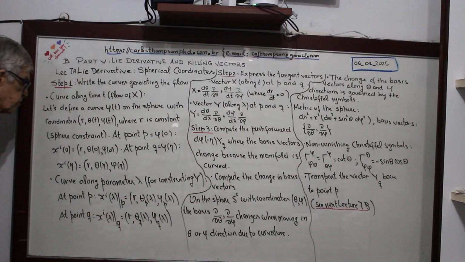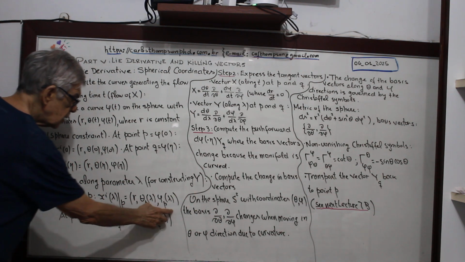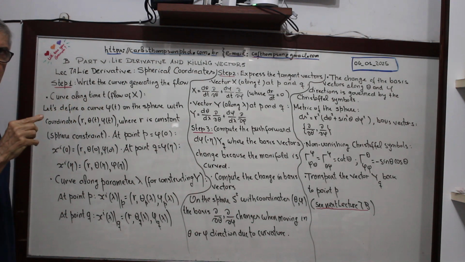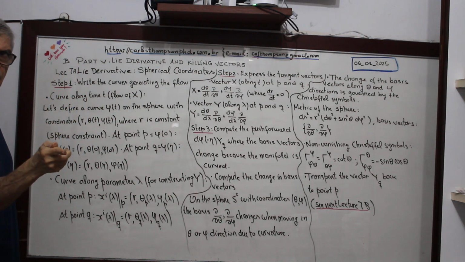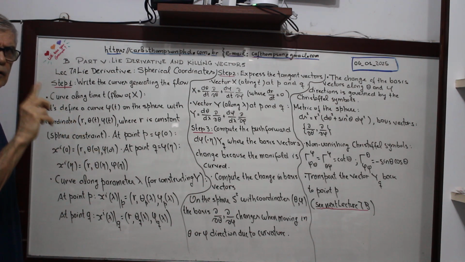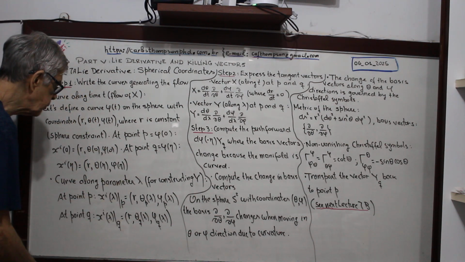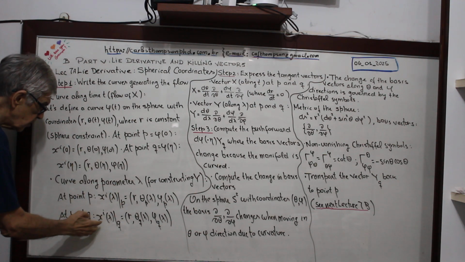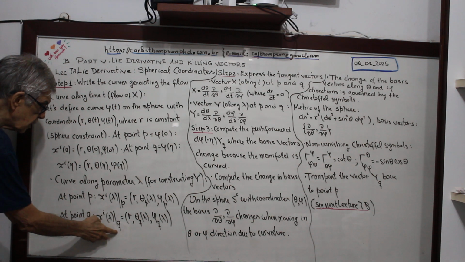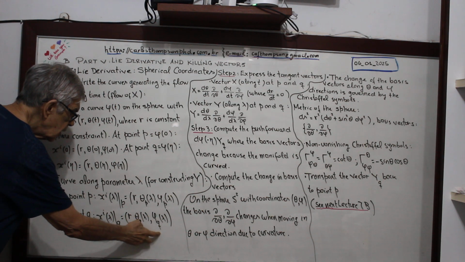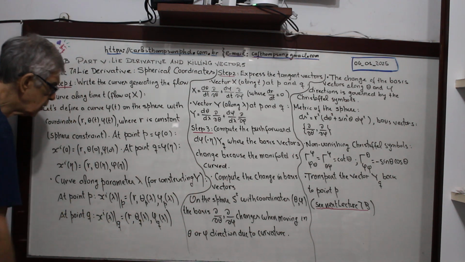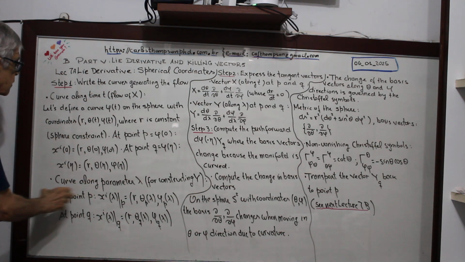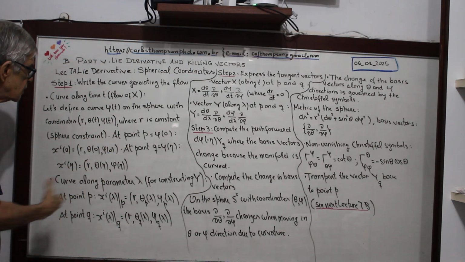Remember, theta is the polar coordinate, and phi is the azimuthal coordinate. Theta is from 0 to pi, and phi is from 0 to 2 pi. So at point Q, similarly, xi of lambda is r, theta_Q of lambda, and phi_Q of lambda. This is step 1. It's the setup of the spherical coordinates.